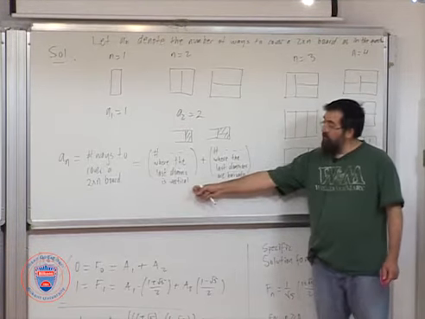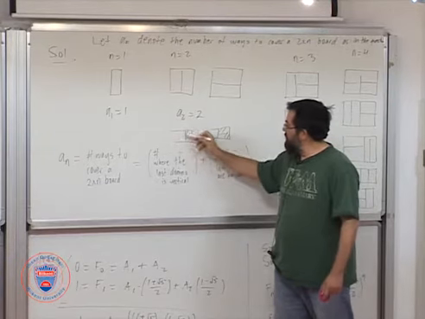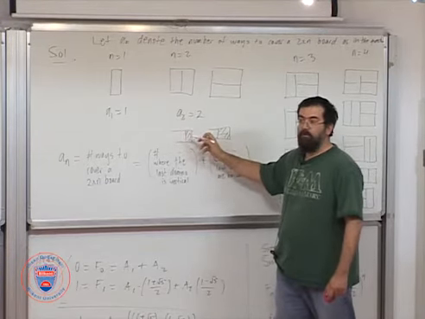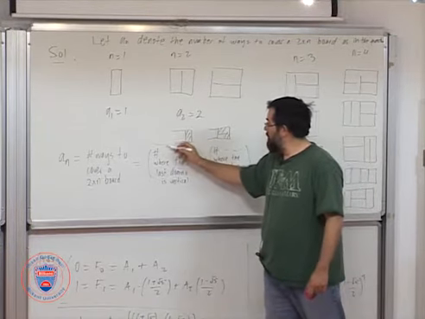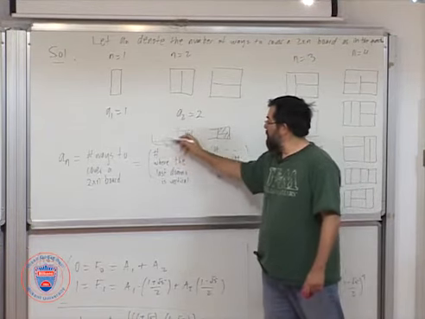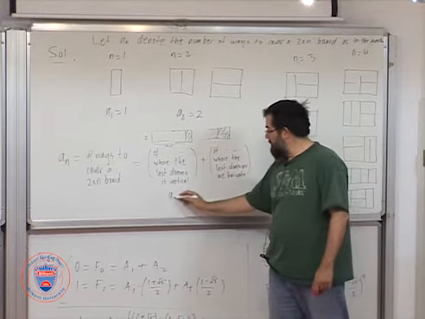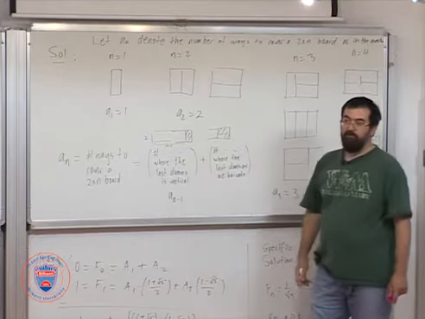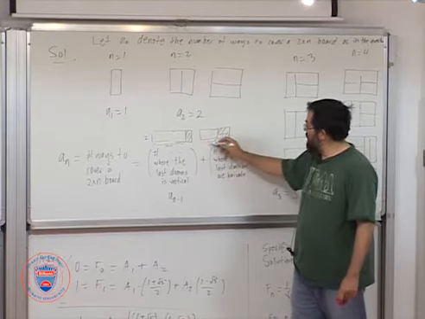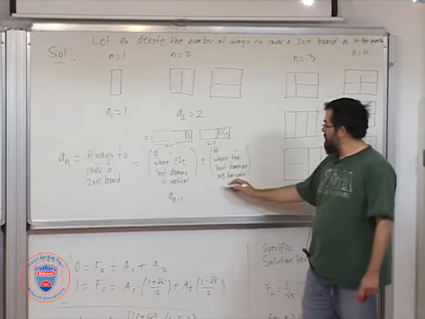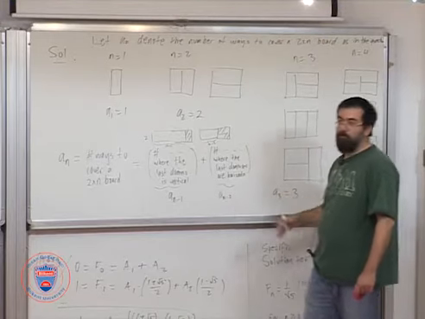Now this one, as you said, you take one out and the rest of it I am free to do any way I want. But that's an n by n minus 1 times 2 domino board. So that means this is equal to a n minus 1. And here what is left is n minus 2, so the number here will be a n minus 2.